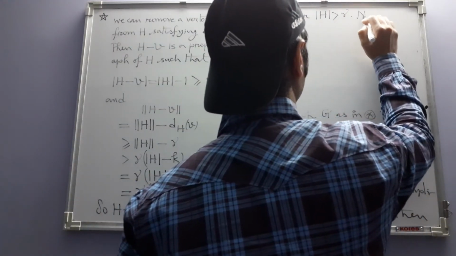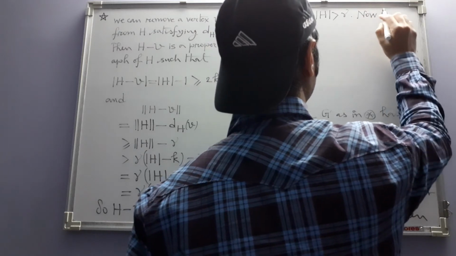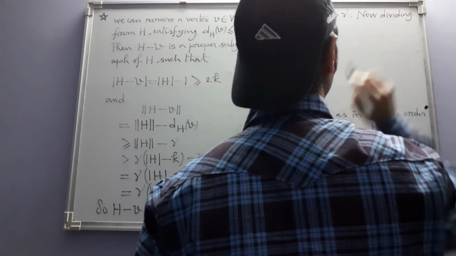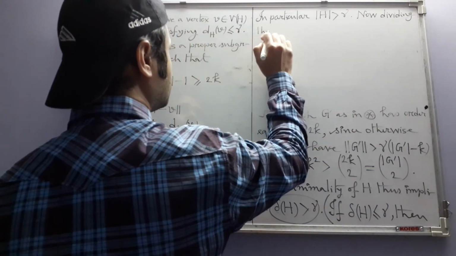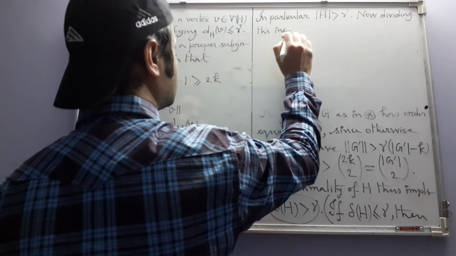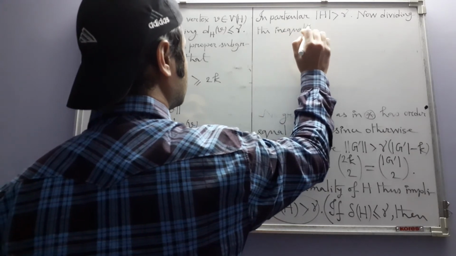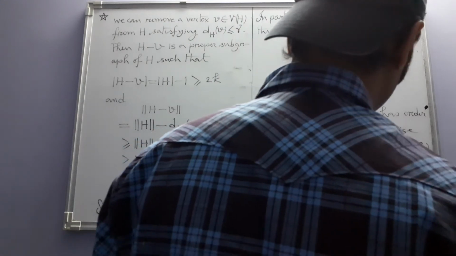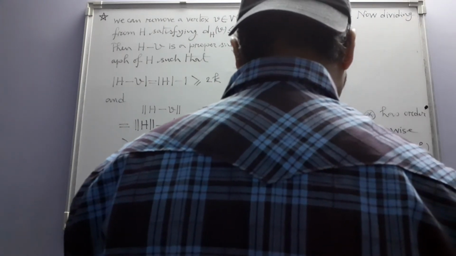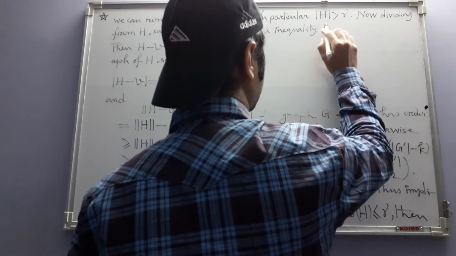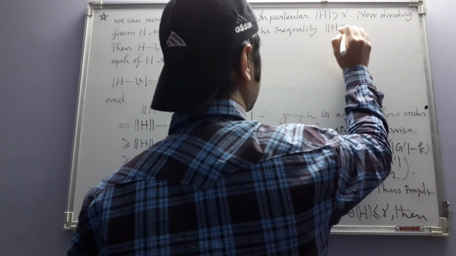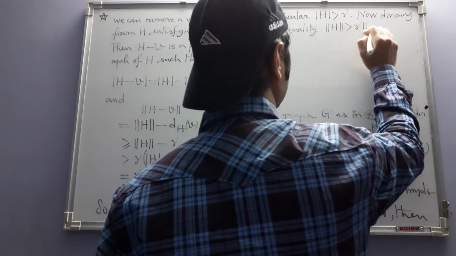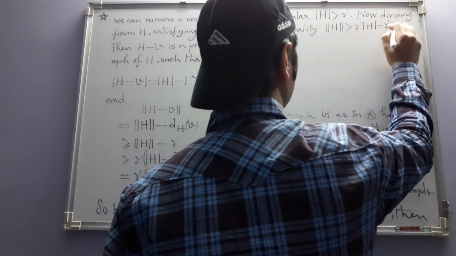Now dividing the other inequality that we have for H, that is coming from star, namely this one. Gamma times order of H minus gamma k.